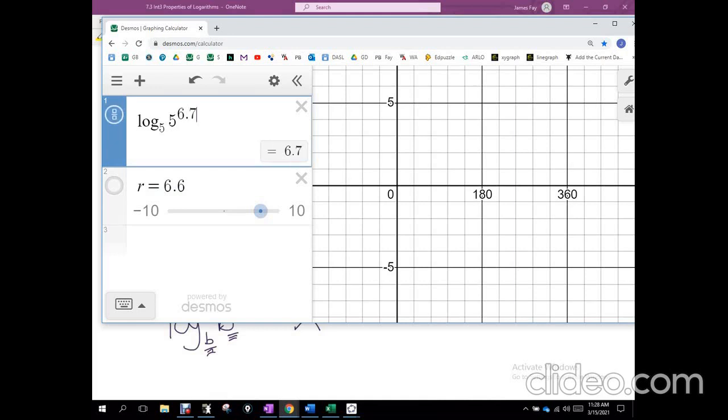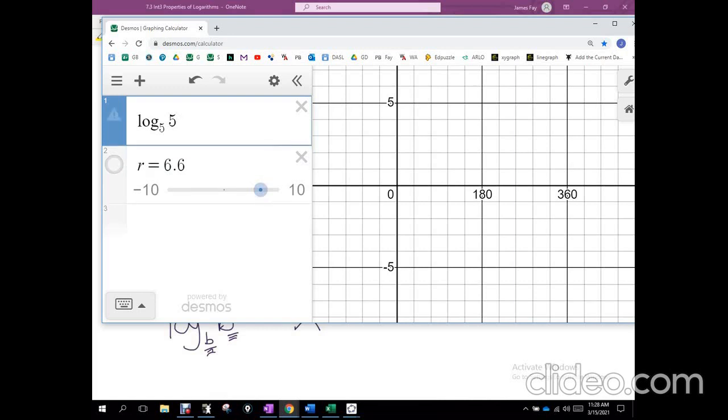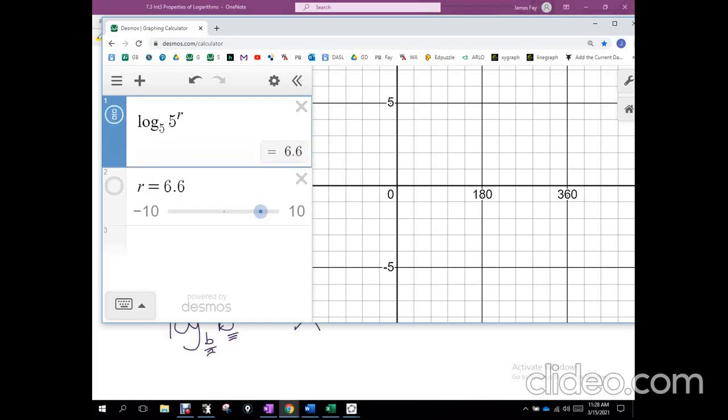So if it's 6.7, still gives me 6.7. If it's 123, spits back 123. So I'm just putting r in there. I can use any letter I want to, so that when I change it, it's allowing it to change. And you're seeing that as that r changes, the outcome is still always whatever r was.